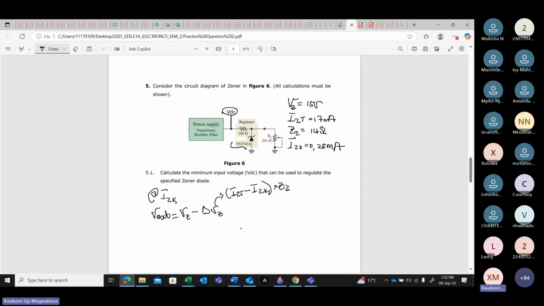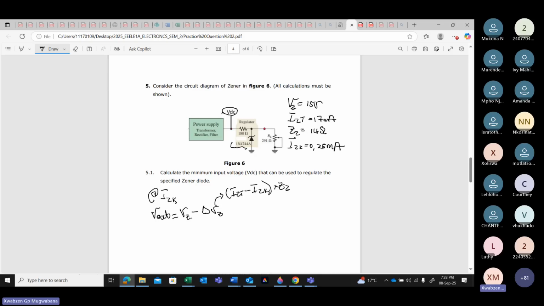Are we together? Now I know what IZT is, I know what IZK is, and I know what ZZ is, which means I can find my change in V of Z. Then I take the change in V of Z and subtract it from the V of Z. What is the V of Z?